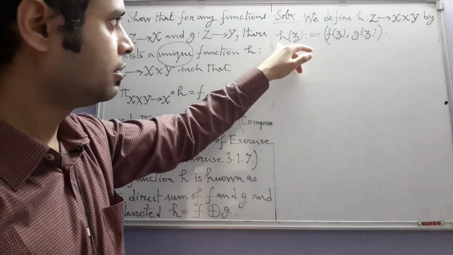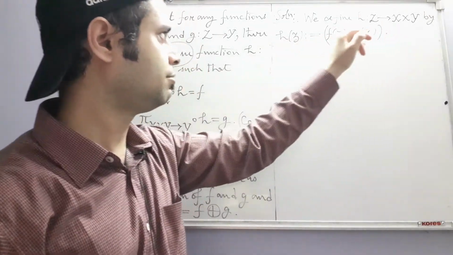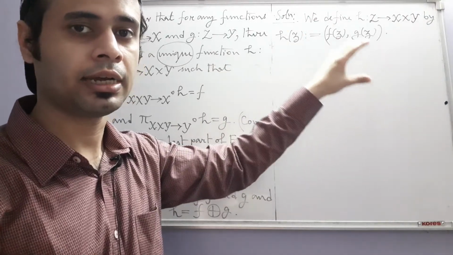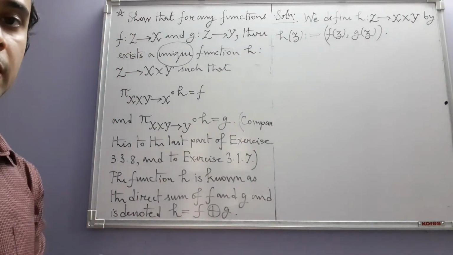As a result, this ordered pair that we are getting by applying h on z is itself unique, and that's why h is well defined.